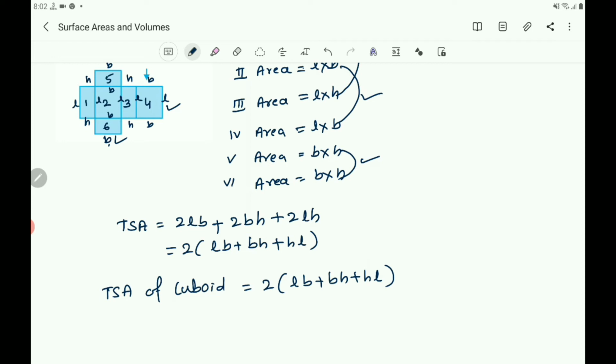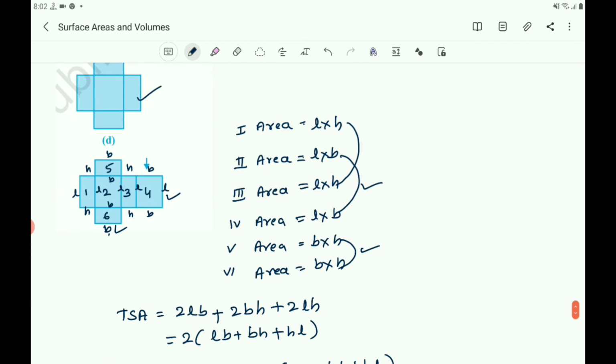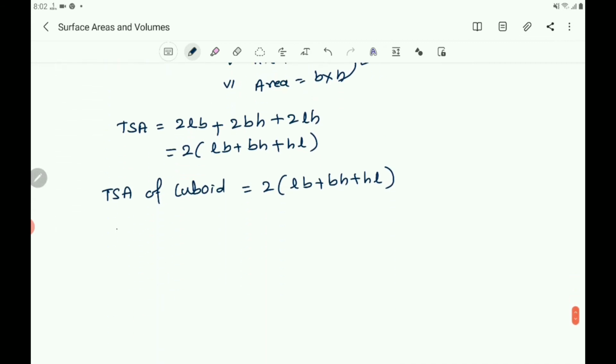Then what is its lateral surface area? Lateral surface area means here the upper base and lower base area will not be there. So that is L into B, L into B will not be there. That is lateral surface area of cuboid.